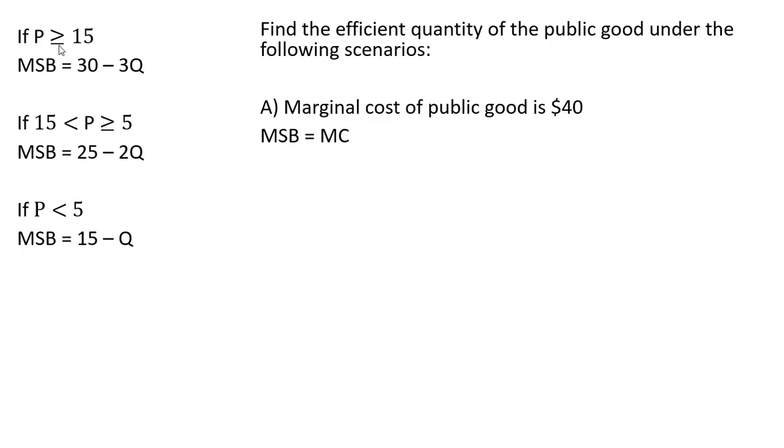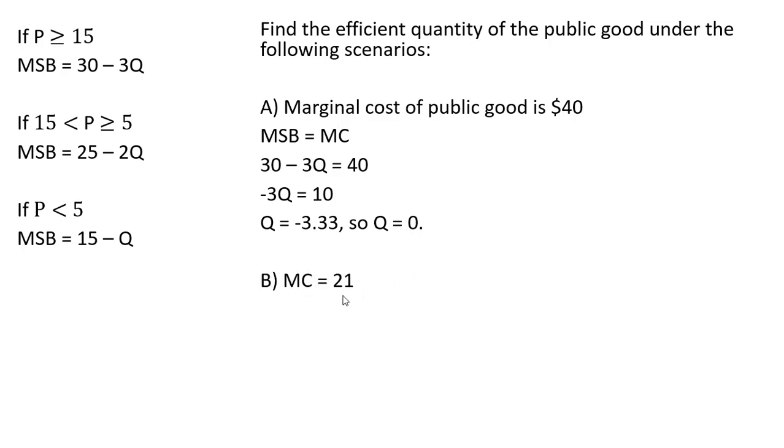And since we're dealing with a marginal cost that is greater than 15, we're going to set our marginal social benefit, 30 minus 3Q, equal to 40. So doing that and solving, we get a negative value. Negative values make no sense. So the efficient provision of the public good in this case, at this high marginal cost of $40, is going to be 0.